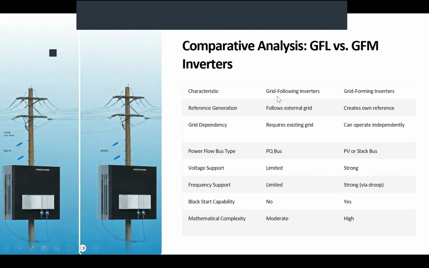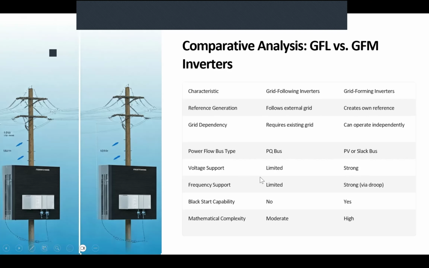Dependency: grid following requires a fixed grid, a stable or strong grid, whatever you want to call it. Grid forming can operate by themselves. In power flow bus type, grid following works as a semi-PQ bus, whereas the grid forming works as a semi-PV or a slack bus. I'm saying semi because of the discussion that we had.